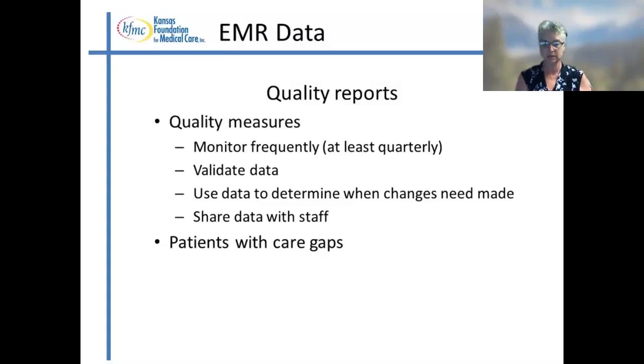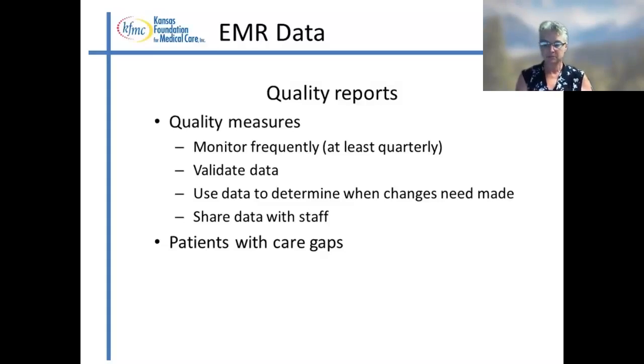Which leads to our next point, validate the data. Every time your EMR gets an update, you should run your quality reports to ensure that the data is still accurate and the back-end mapping has not changed. Quality reports pull in data from very specific fields. Some of those fields are established by the EMR vendor, but some could be mapped based on your own workflows.